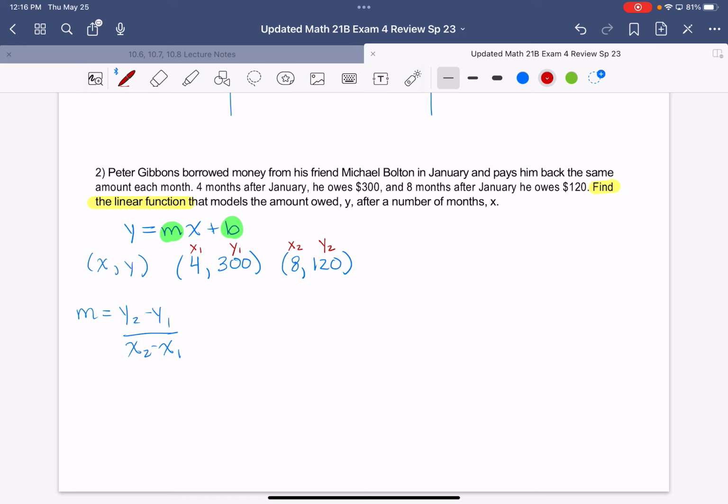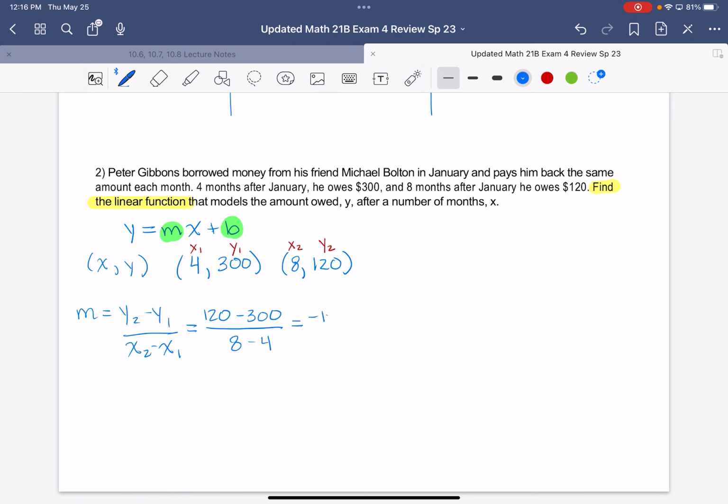Taking those values, plug them into the formula, and we get 120 minus 300 over 8 minus 4. Feel free to use your calculators to simplify this.